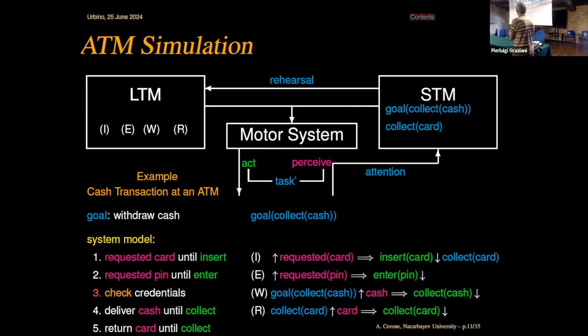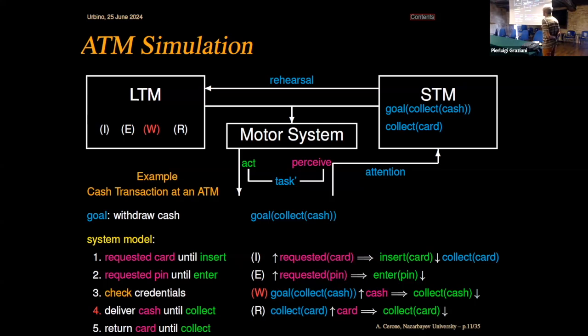So we check credentials. This is an internal state. There will be some interaction with the world, as we have seen in the previous diagram, which we don't see as a user. Once these credentials are checked, the card is enabled, and the pin matches the card, then the cash will be delivered. So the machine moves to this state.